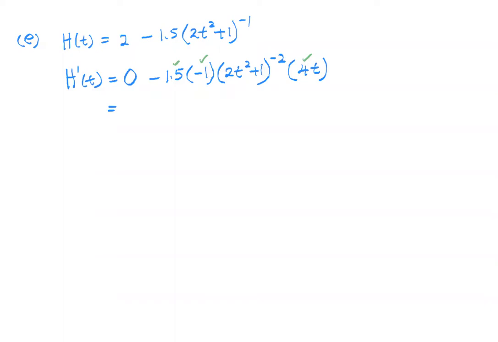Okay, so 6 over (2t squared plus 1) squared. Done. And I write down the unit of measurement: meter per week. Done. So this is the first part answered algebraically.